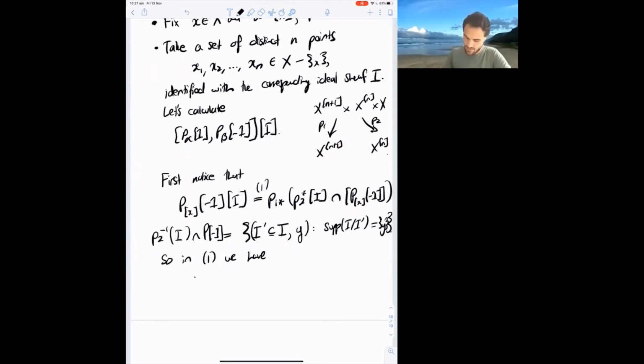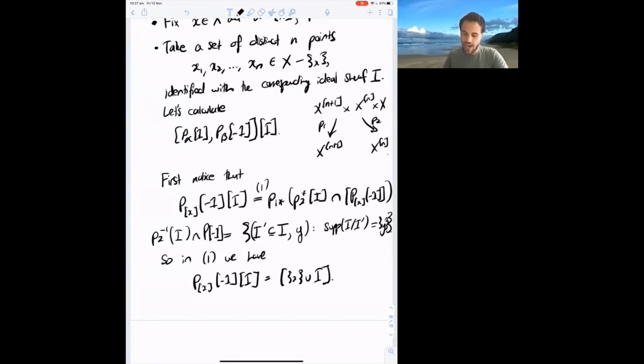So when you push down to the n+1 point situation, you get the class of the ideal sheaf corresponding to x union your point I, because x was not among these endpoints. Okay, so that's the first part of it.